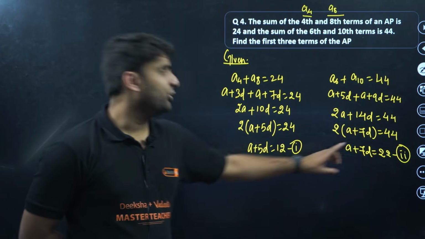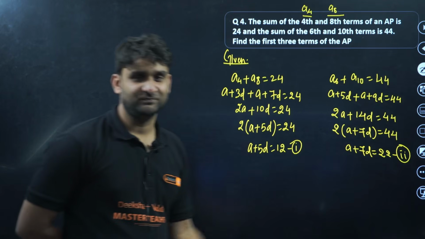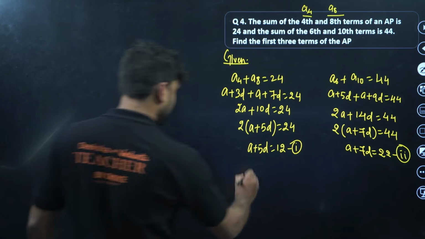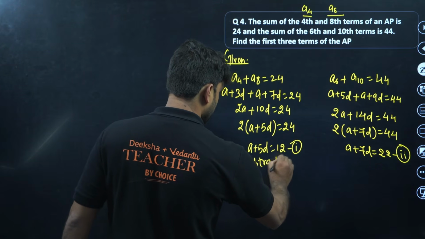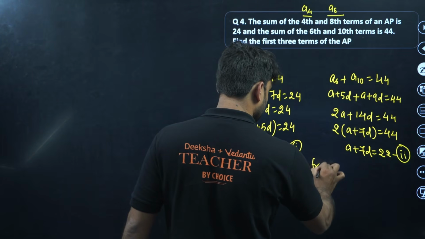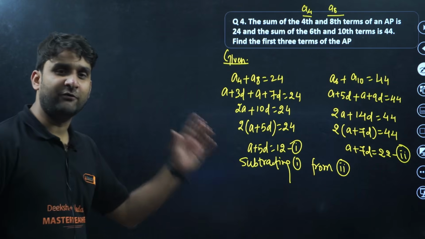So 5D is smaller than 7D. So better to subtract equation 1 from 2, because 2 is greater than 1. Okay, so let's write subtracting 1 from 2.